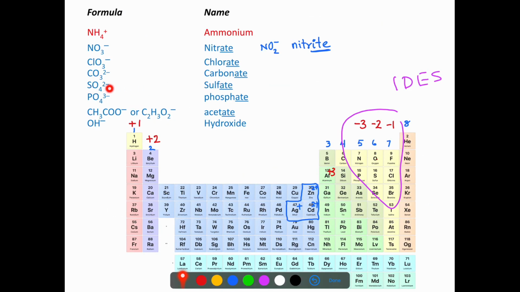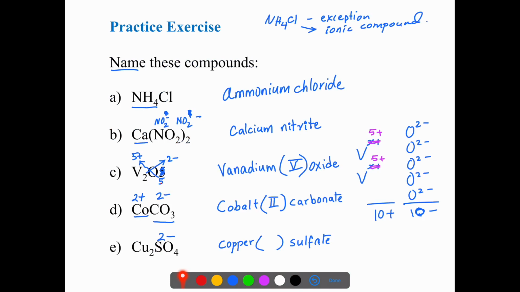Since I have 1 sulfate in this compound, and its charge is 2 negative, and you have 2 coppers in this compound, what should be the charge on each? Positive and positive, because since you have 2 negatives, you need 2 positives from 2 coppers. So each one should have 1 positive. Since the copper ion has a 1 positive charge in this compound, it is copper(I) sulfate.